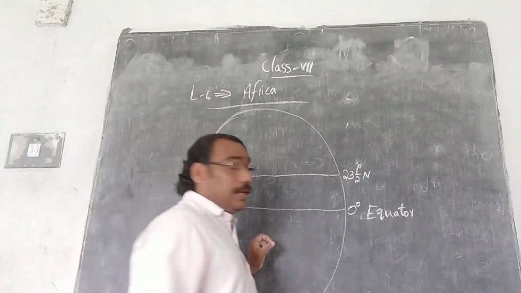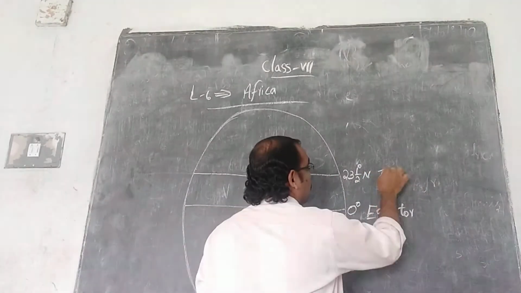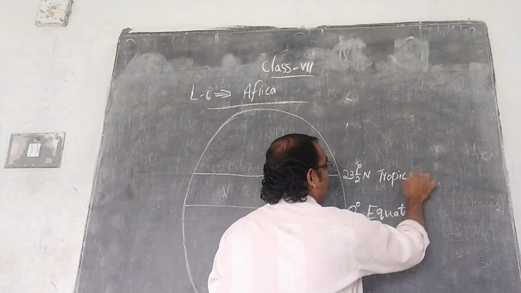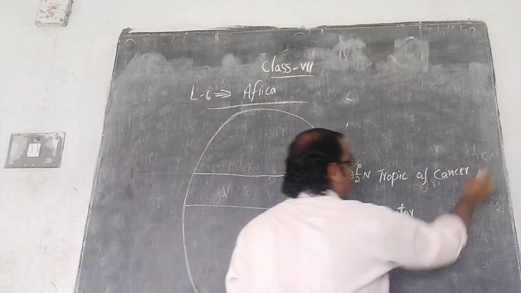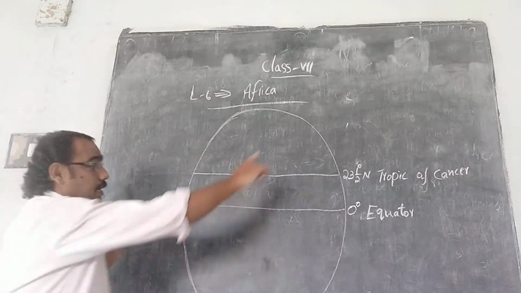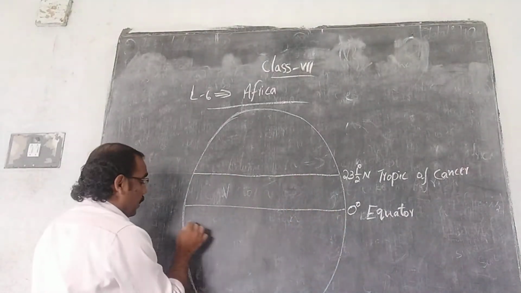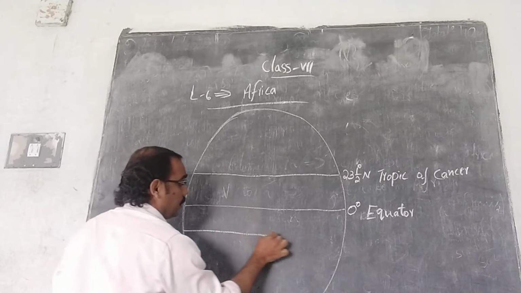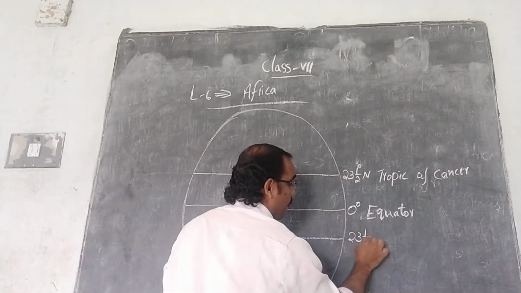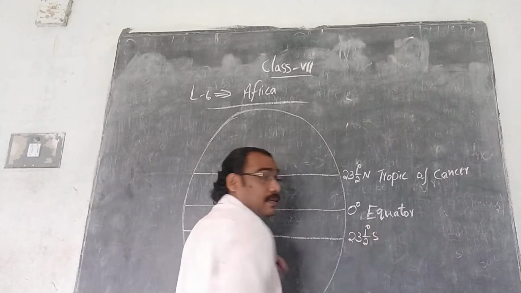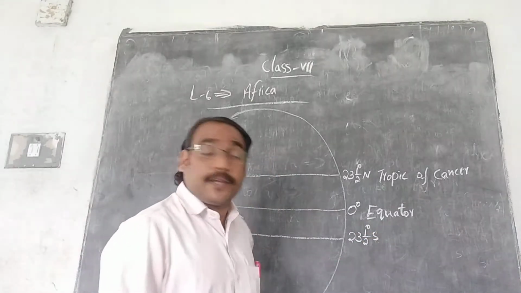Its name, as you already know, is Tropic of Cancer. Same way, on the south side of the equator we have 23.5 degrees south.